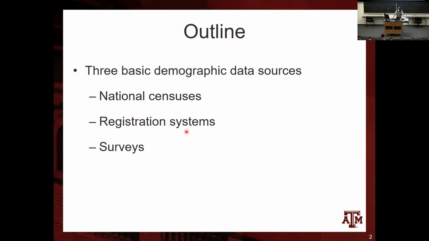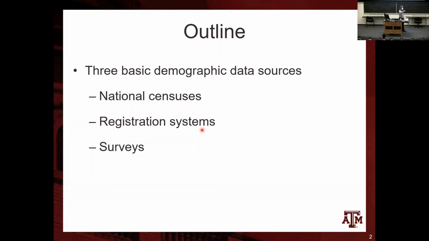So overall, we're going to discuss national censuses, those questionnaires that are implemented to the whole population of a country in a specific year. Usually they are short questionnaires because you have such a big population to get data from. Registration systems are ongoing systems that collect information about the population, such as data that we collect about people being born through birth certificates and people dying through death certificates, and surveys, which is more detailed information that we collect about our target population.